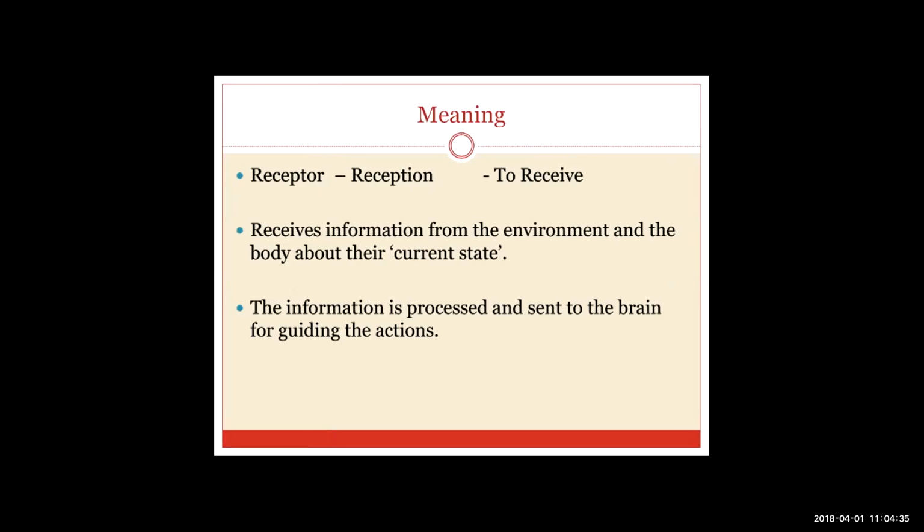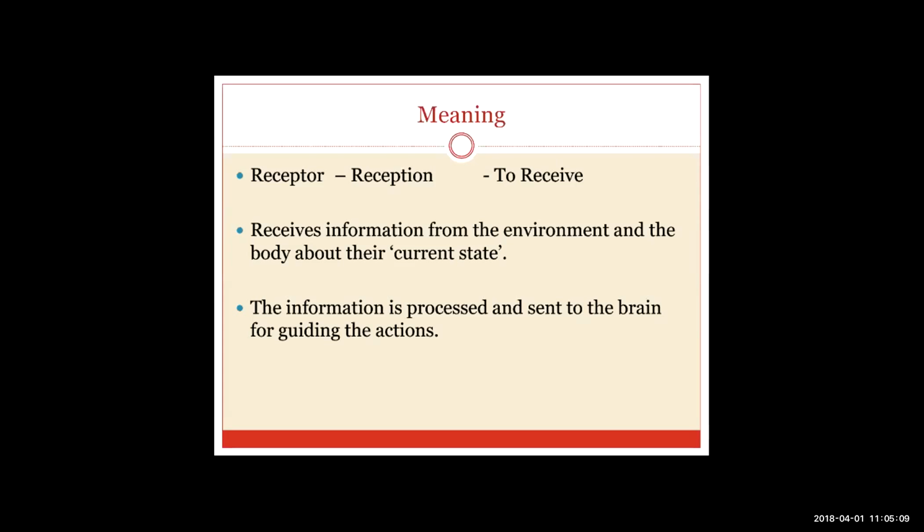As we all know, the word receptor means reception, or to receive. It receives information from the environment and the body. So you have vision, which receives information about the environment, and the proprioceptors, which give information about the body. Predominantly the receptors inform the brain about the current state at which the body and environment are in equilibrium or interacting.